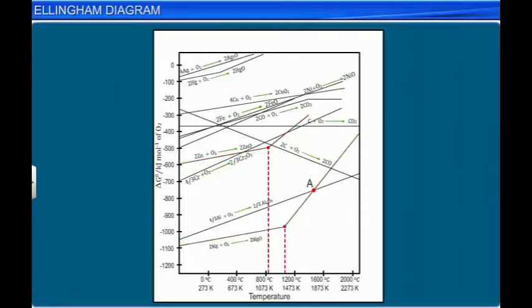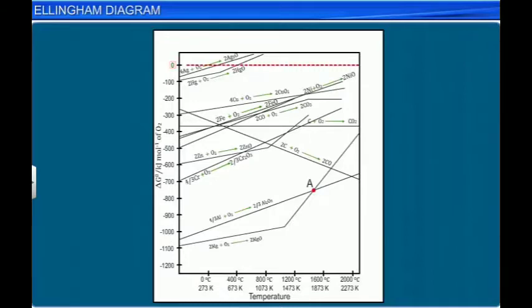For example, the slope of the zinc and zinc oxide line changes around 800 degrees Celsius, while similarly the slope of the magnesium oxide line changes around 1000 to 1120 degrees Celsius.